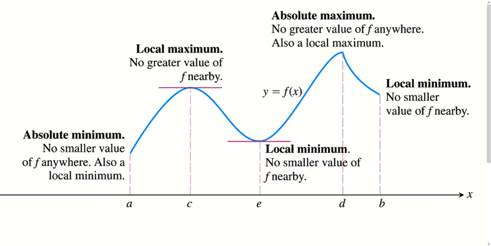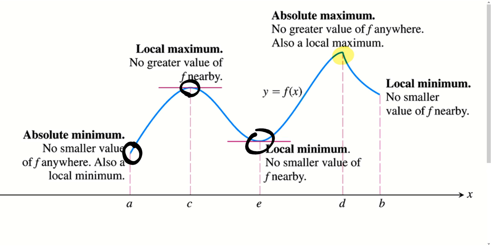On this graph, I want to bring your attention mostly to this strange spot right there. All the other spots are just telling you that you have minimums and maximums where the graph goes flat or at an endpoint. So this is an absolute minimum down here. Nothing is smaller. This is called a local maximum, just because it's the greatest value of f in the vicinity, anywhere nearby.